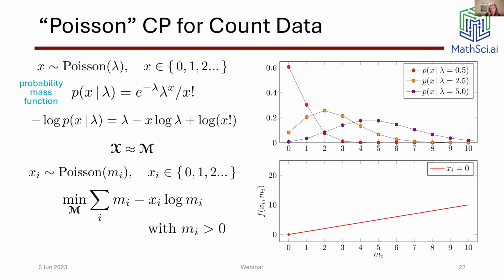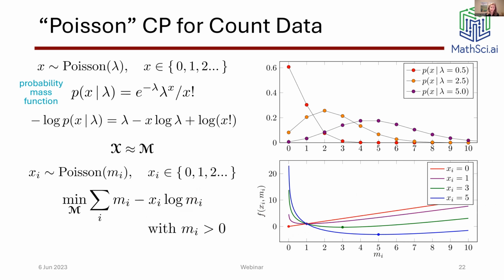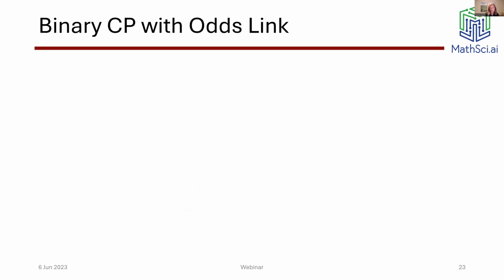If our data is 0, the optimal lambda is 0. And the interesting thing here is this is just linear because our term with the log disappears when xi is 0. And so depending on what our data tensor is, the optimal mi will be different, and we can't just choose the optimal because our model is constrained to be multilinear. So that's for count data.